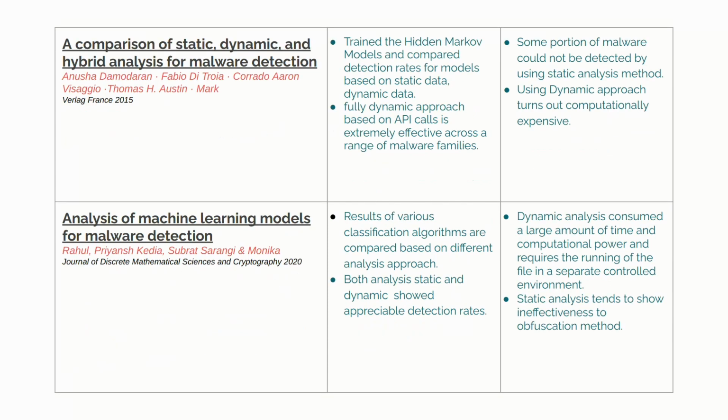Their findings revealed that for a broad spectrum of malware families, a dynamic approach based on API calls is highly efficient. But it's important to note that some portions of malware remain undetectable using static analysis methods. And it should be noted that utilizing a dynamic approach can be computationally expensive.